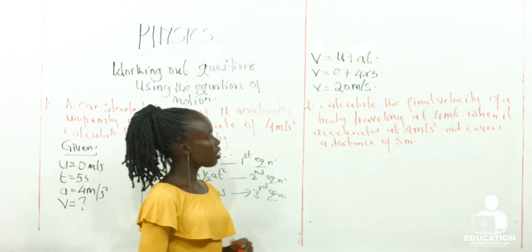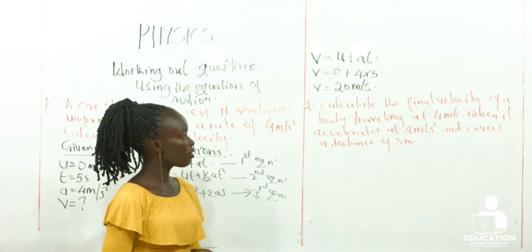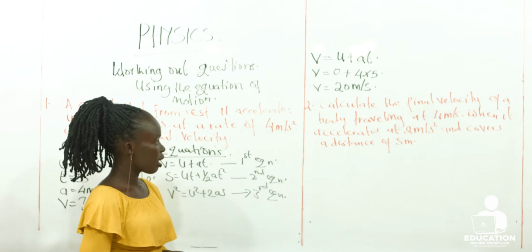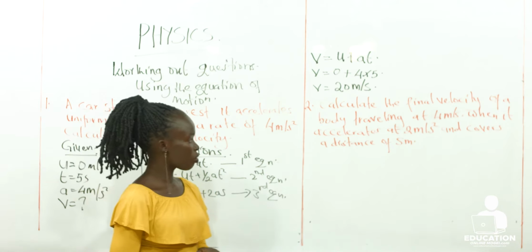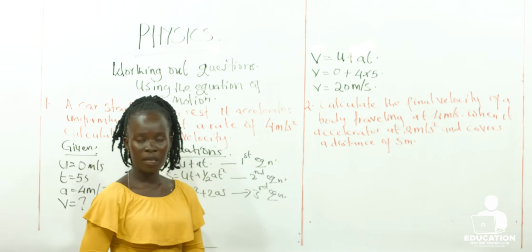So our question says: calculate the final velocity of a body traveling at 4 meters per second when it accelerates at 2 meters per second squared and covers a distance of 5 meters.